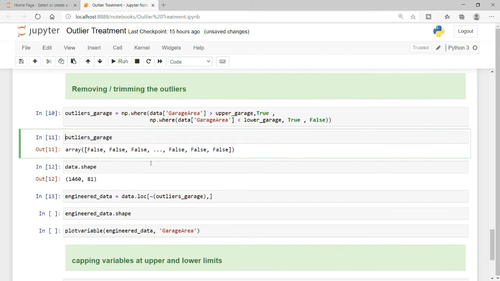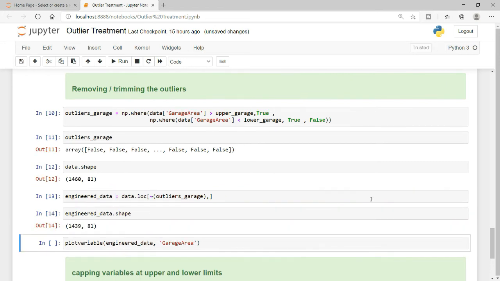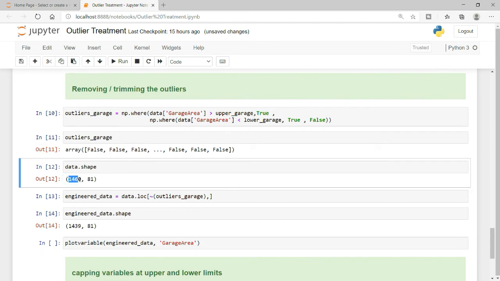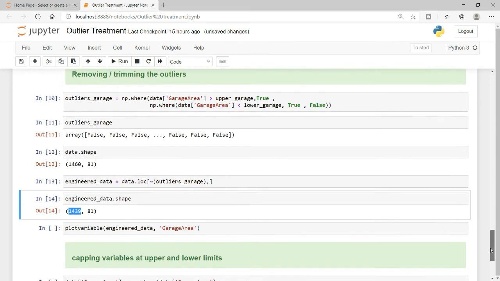Now you will ask how can we know? For this purpose I have stored this data in a new data frame, engineered_data. If I print the shape of this, you see that before removing I had 1460 rows, but now I have only 1439 rows. So you see that we have just removed our outliers.